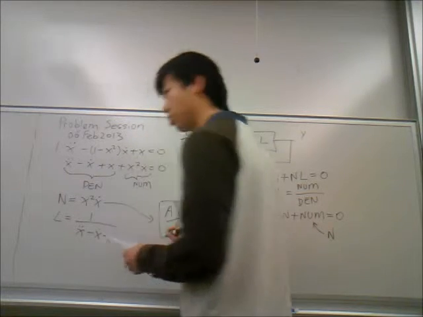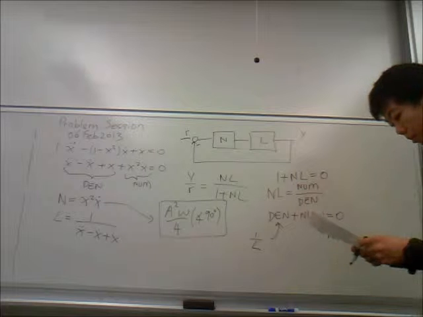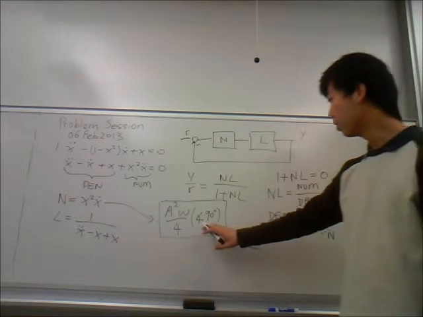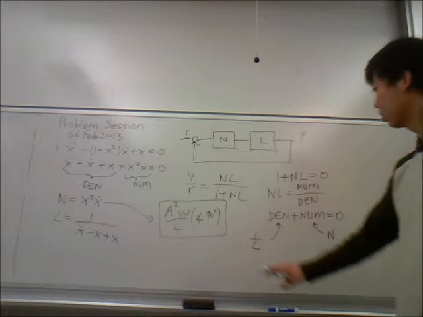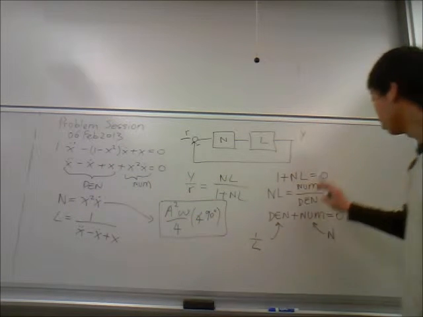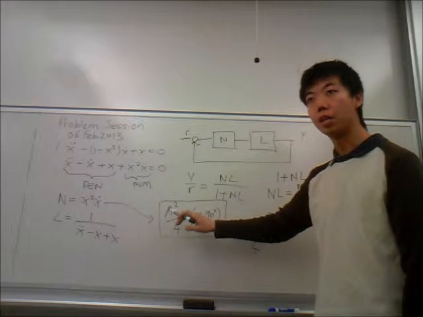So you should verify this and work it out in your homework. And once you have this, all you have to do is plug this N and L into this equation and solve for A and omega.